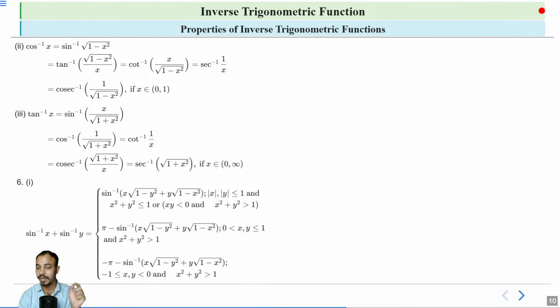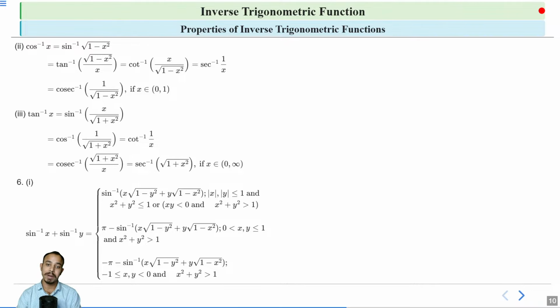Okay, when mod x, mod y is less than or equal to 1 and x square plus y square is less than or equal to 1, or x times y is less than 0 and x square plus y square is greater than 1. If it's satisfied, then you can write sine inverse x plus sine inverse y as sine inverse of x times square root of 1 minus y square plus y times square root of 1 minus x square.